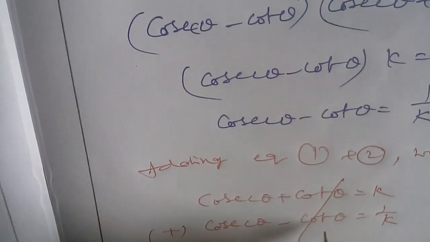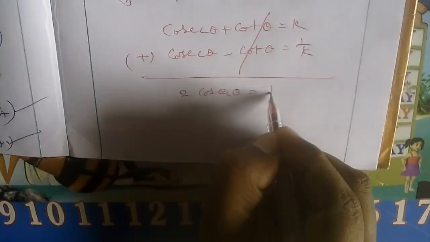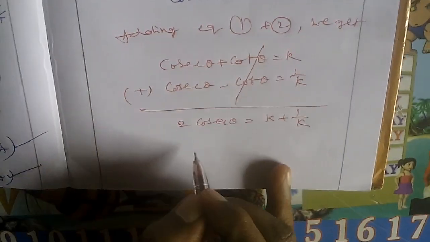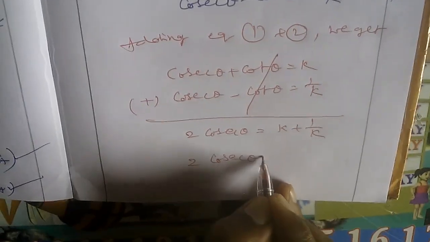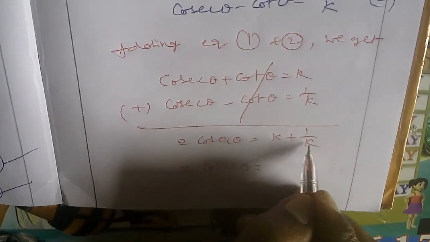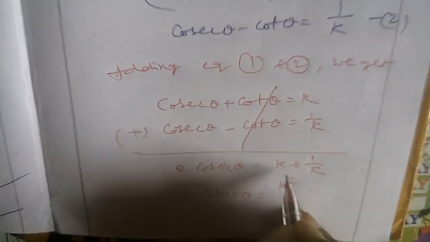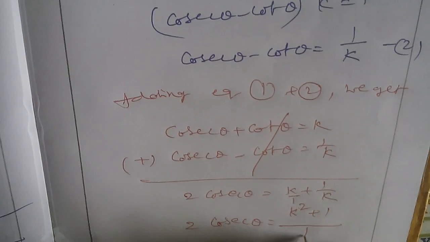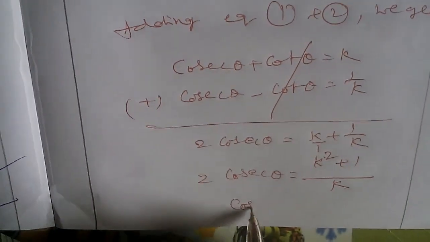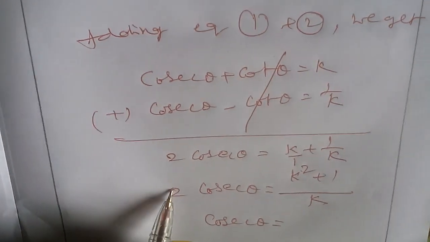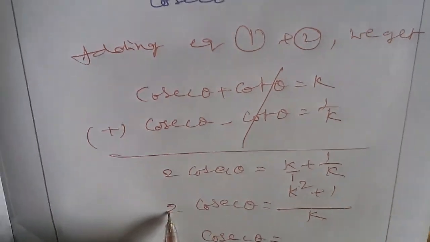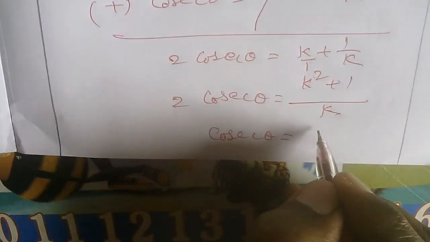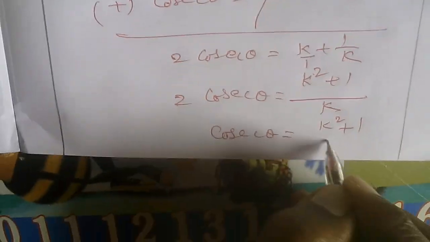So plus and minus cancel. 2 cosec theta is equal to k plus 1 by k. 2 cosec theta is equal to, so we are getting k into k square, 1 into 1, so denominator 1 into k. So cosec theta is equal to, I am sending 2 to the right hand side, it is divisible, k square plus 1 by 2k, which is equation 3.